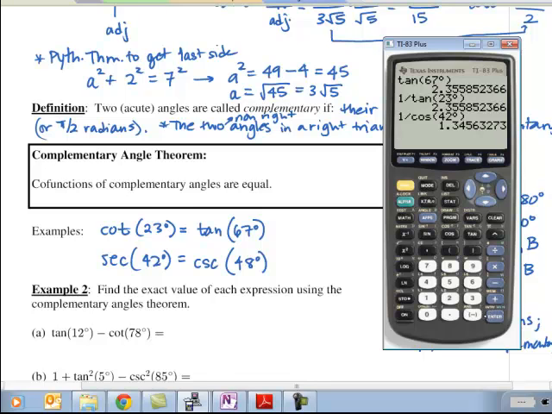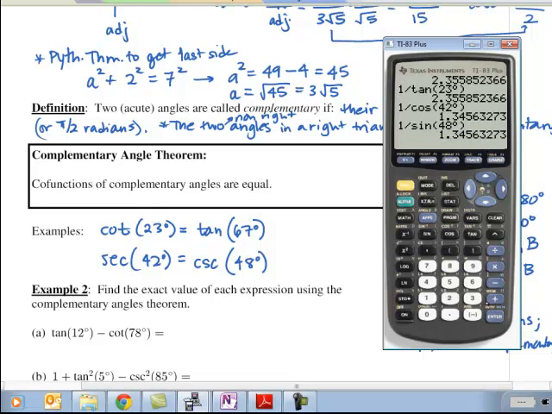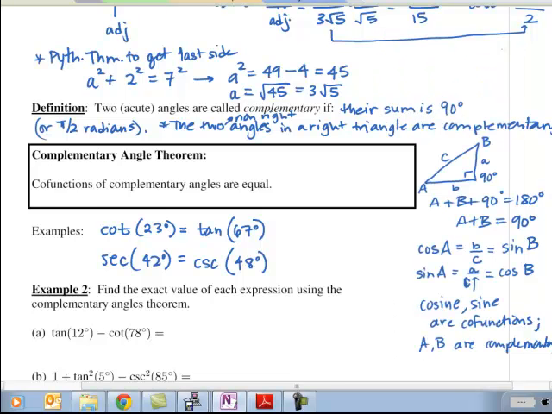And compare that with cosecant, which would be 1 over the sine of 48 degrees. Again, they are the same thing, right? So cofunctions have co in the title of the pair, right?